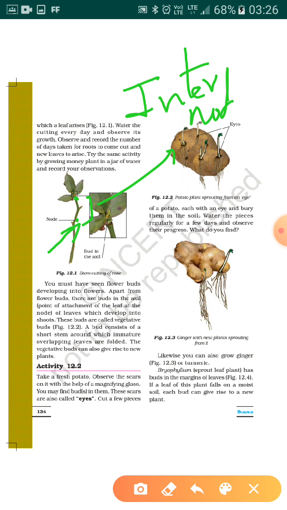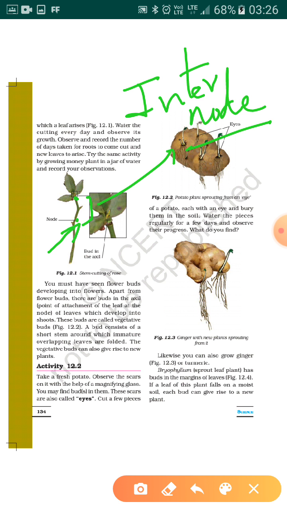The point to be taken into consideration is that whenever you take a cutting, that portion of the stem should have one or at least two nodes, so that when you bury it under the soil, there will be chances that it will sprout properly, and it will get all the favorable conditions.